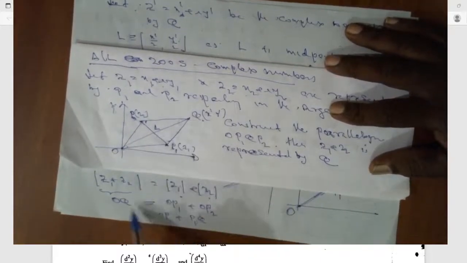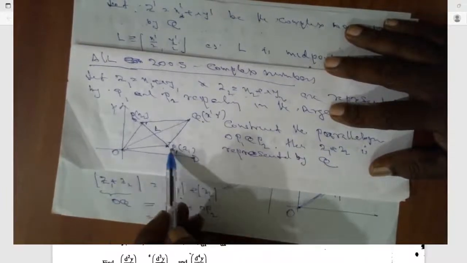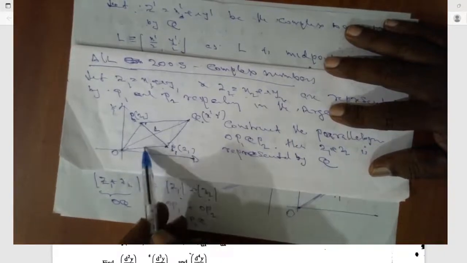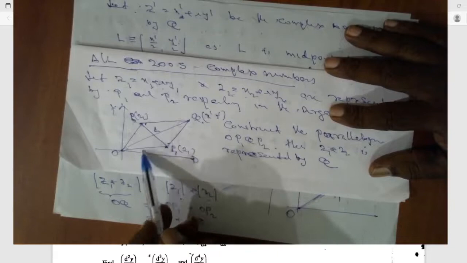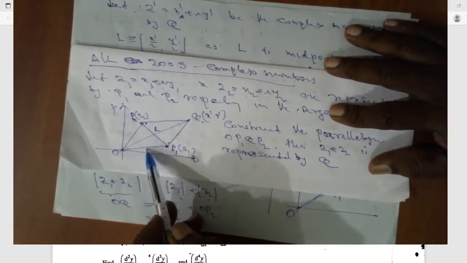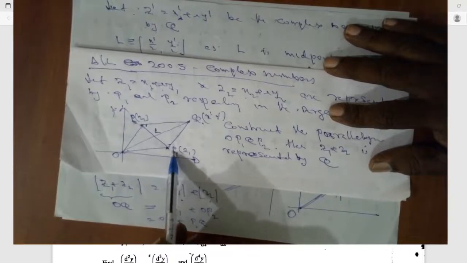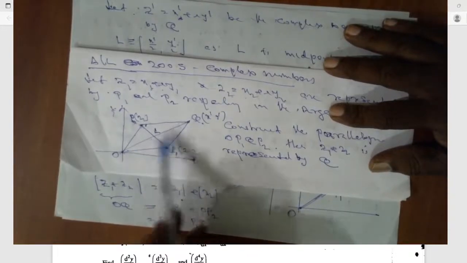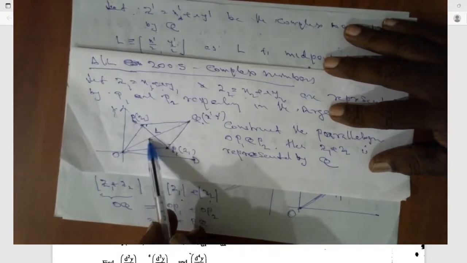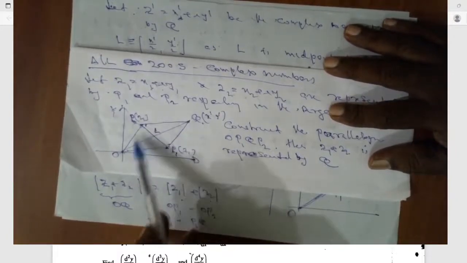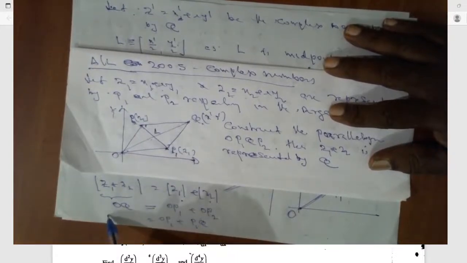So in this triangle, OP1 plus P1Q equals OQ. That means the sum of two sides equals the third side of the triangle. Then point P1 should come to this line OQ. At the same time, when P1 comes to this line, P2 also comes to this line, because this is a parallelogram. Is it clear?